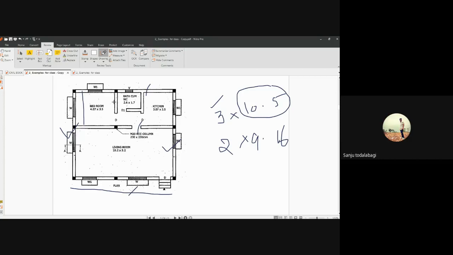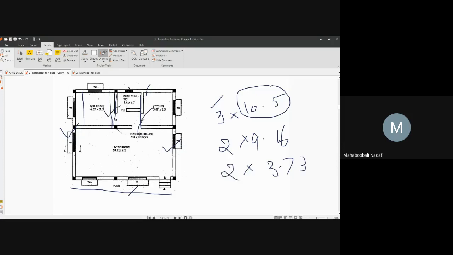What are those 2 walls? One this, second this. So what is this center to center? 0.23 by 2 plus 3.5 plus 0.23 by 2. 3.73. 3.73 into 2, because these are two numbers.